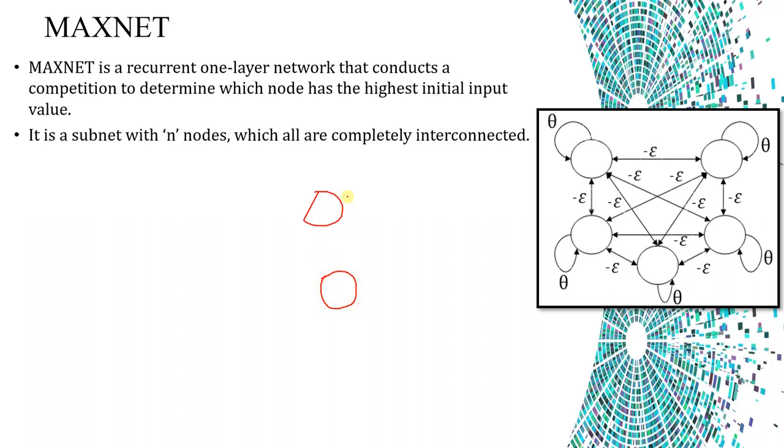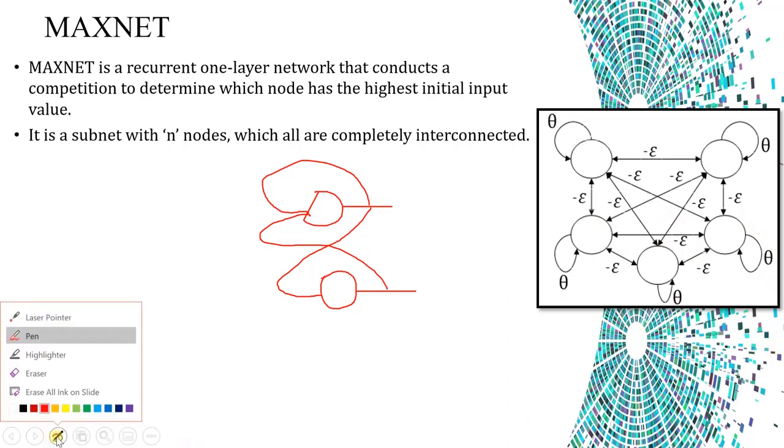Whatever output is generated is given back at the input, and is also given to the other node, and whatever output is generated by this one is given to this particular node also. So basically every node is connected to every other node by feedback paths, and that is the reason we get a network which is shown in this diagram.